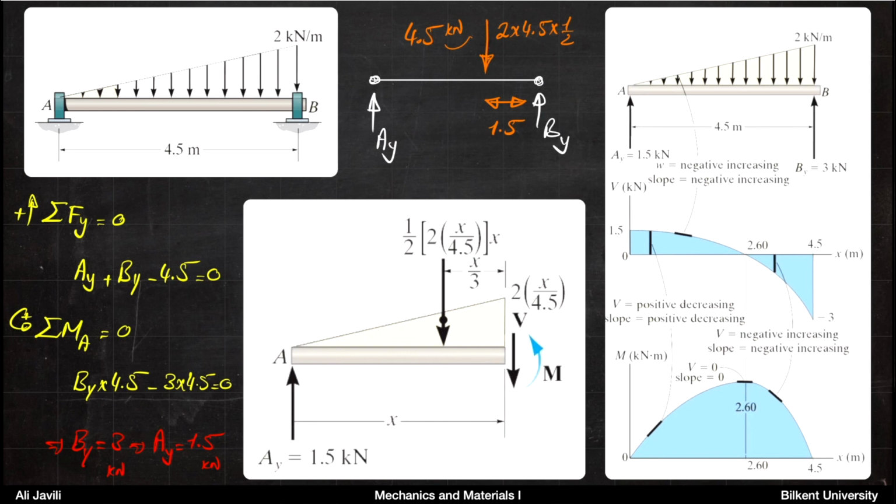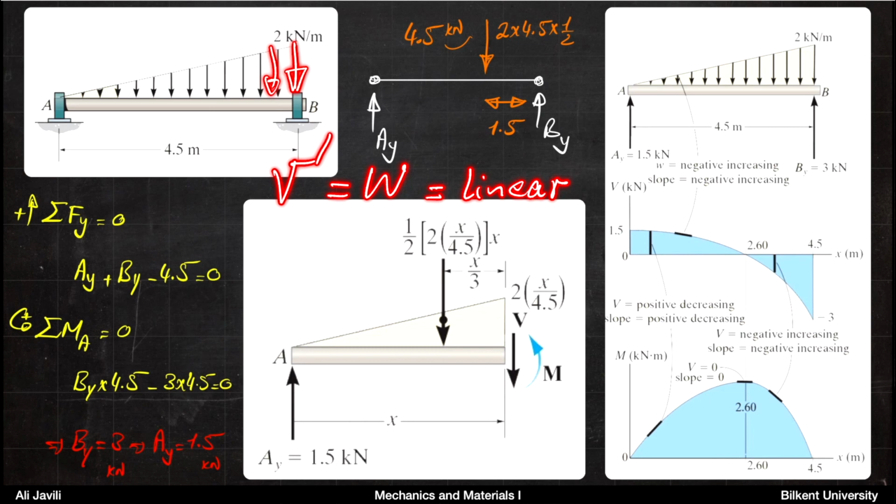For doing that, you remember that V prime equals W and M prime equals V. So at A, the internal shear force starts at 1.5. Then because V prime is W, and W is linear, it's linearly increasing, but it is downward.